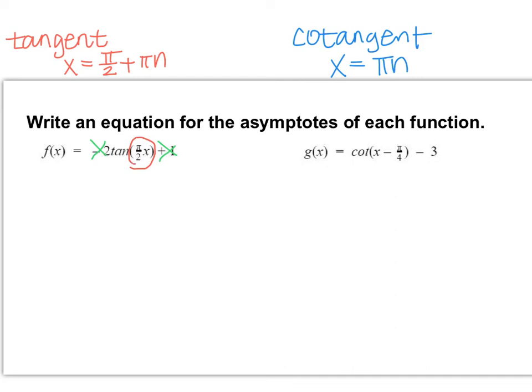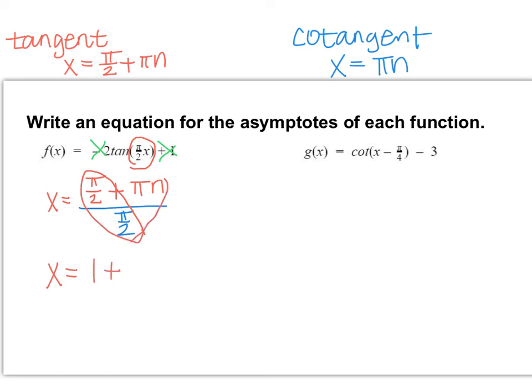So we can take our original equation, the pi over 2 plus pi n, and think about dividing every piece of that by our pi over 2, and that's going to give us our new equation. So pi over 2 over pi over 2 is just going to be 1.